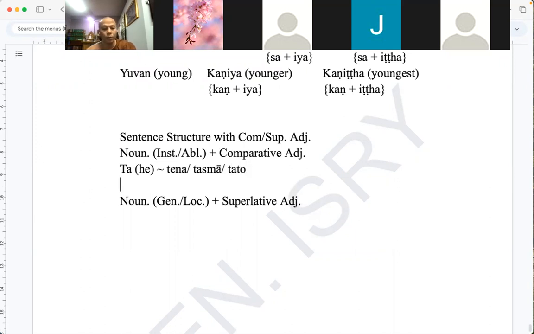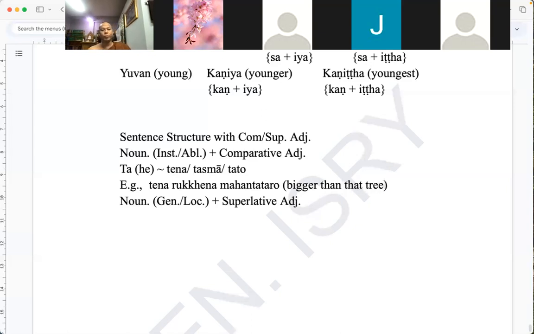Okay, so now example with that. The na mahanda daro. Okay, they not mahanda daro. Maybe they not rokena. Okay, roka. They not rokena mahanda daro. So that means bigger than that tree.